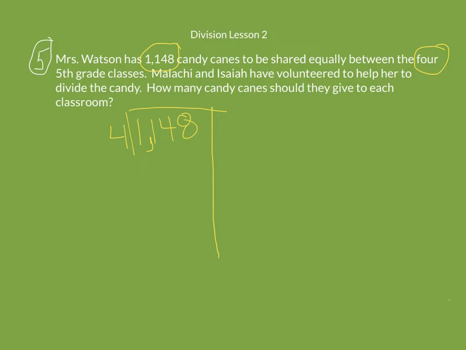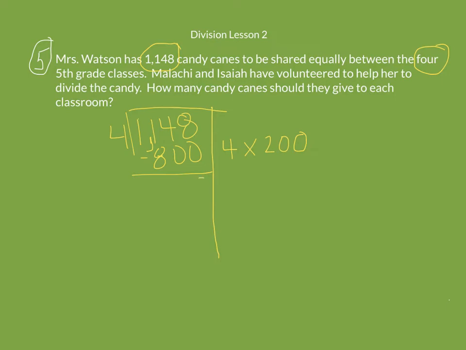That's pretty far away from 1,100. So I could do 200. So let's give each class 200. And that would be 4 groups of 200, which is 800. And then I would subtract to see what we still have left to give out.